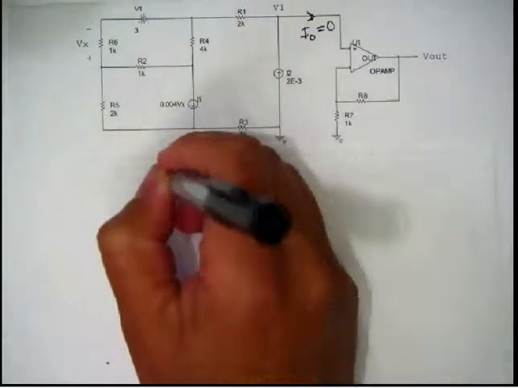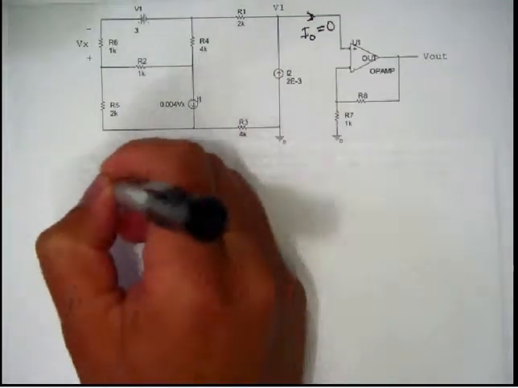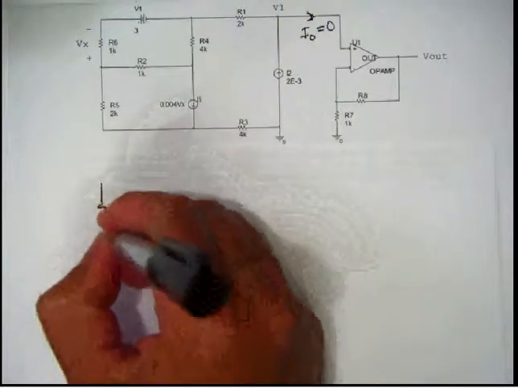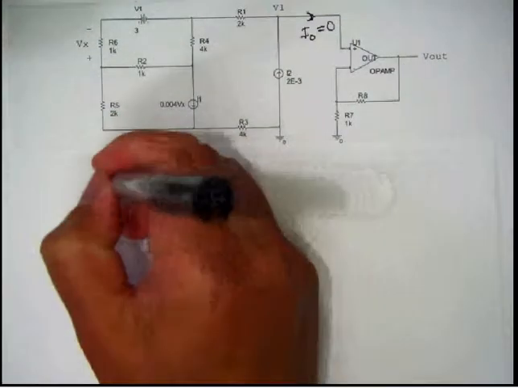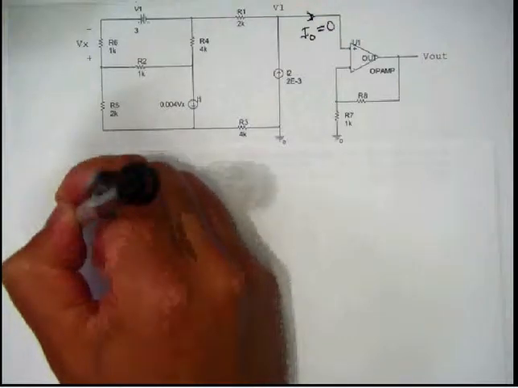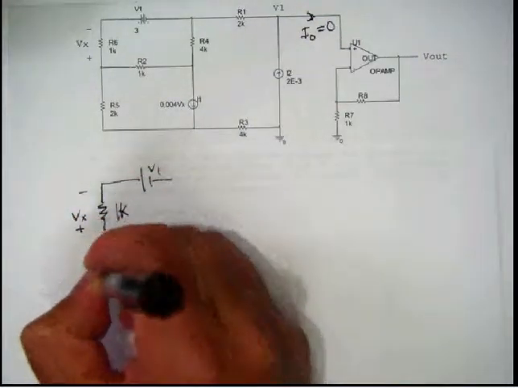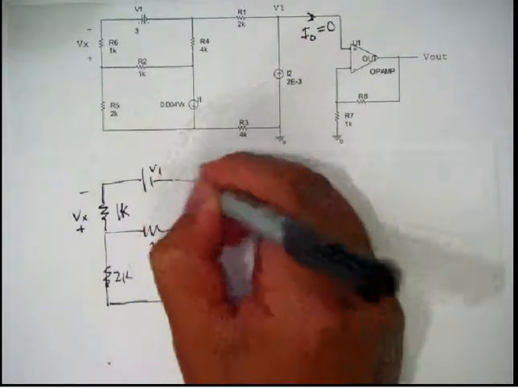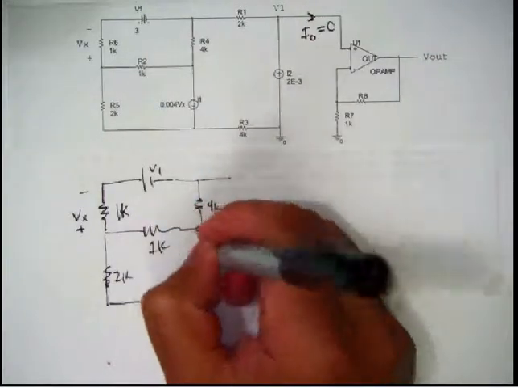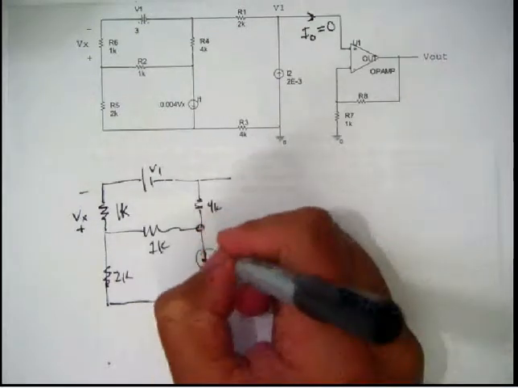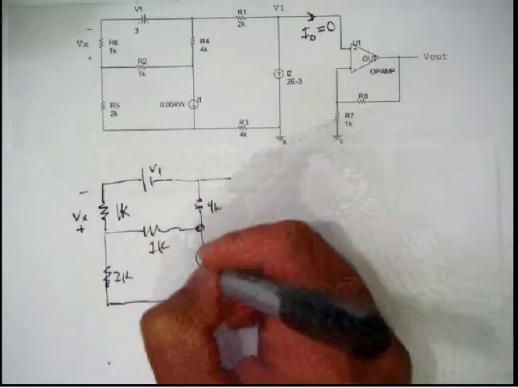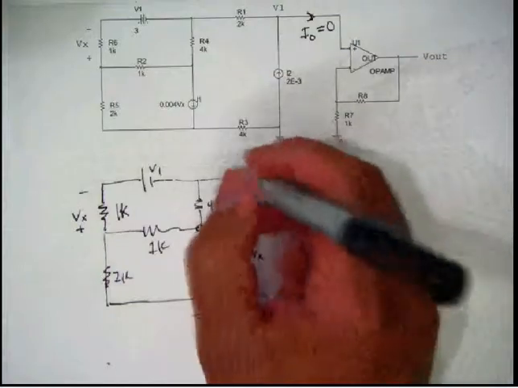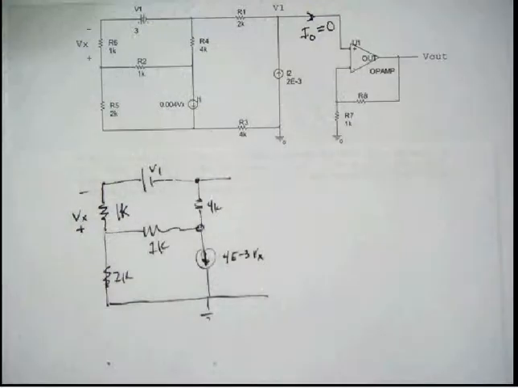So we've got R6, which is the 1K. So we've got this situation.